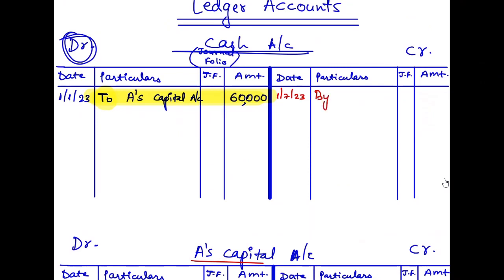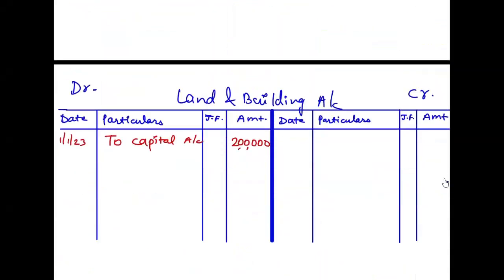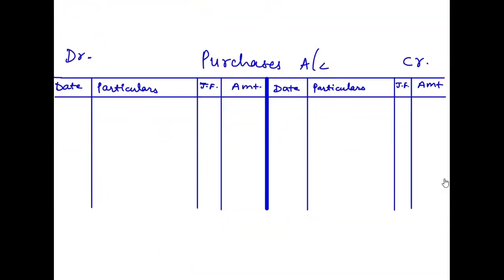So it will be by purchases account. How much are the purchases for? It is for 10,000 rupees. So we have credited the cash account by 10,000. In the same way, for the purchase account, we will debit 1st of July 23 to cash account. How much? 10,000.